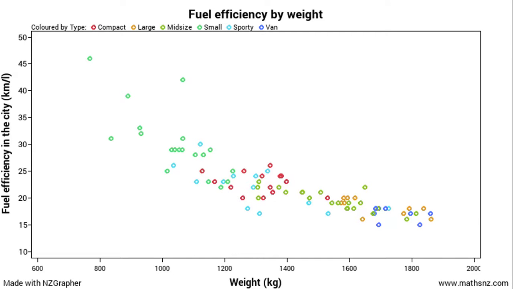I now change to looking at the type of car it is. The red dots are compact ones, and these are our legends up the top here. The brown ones are large cars. Green is mid-size. That greeny blue colour is small. Then we've got our blue sporties, and our dark blue vans.